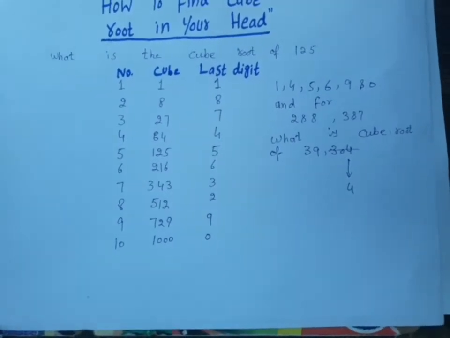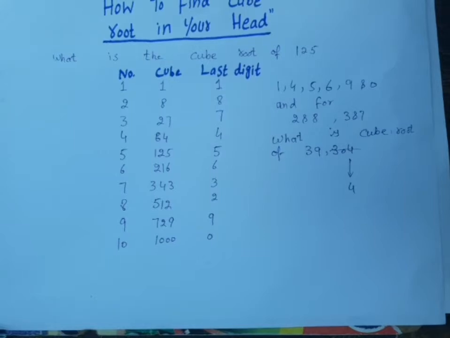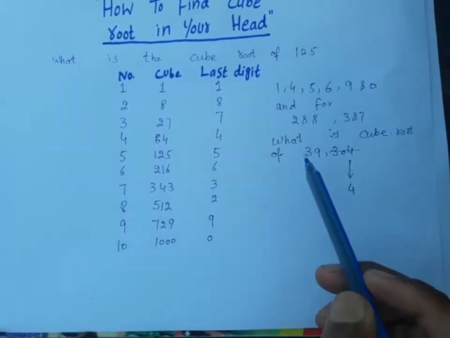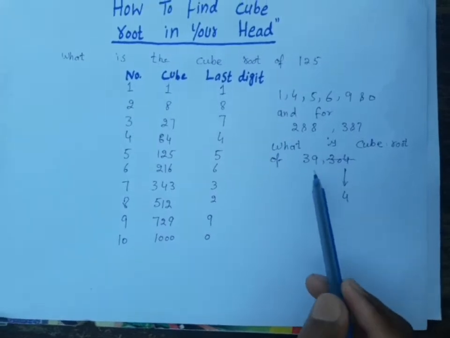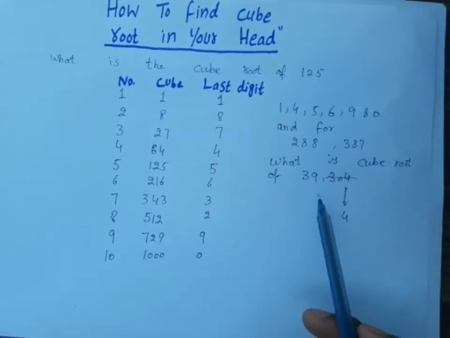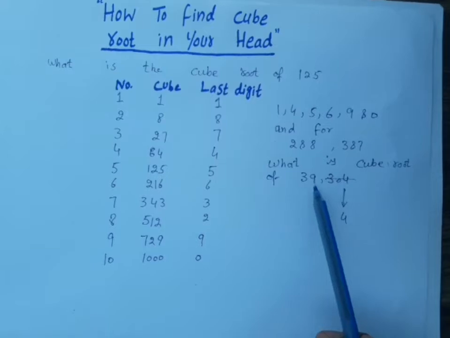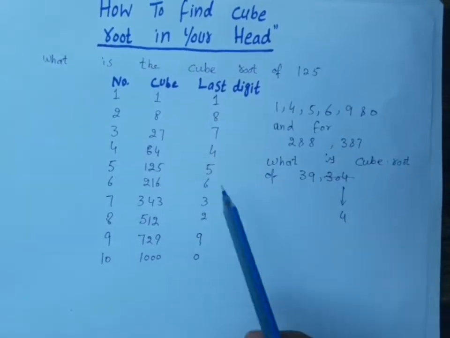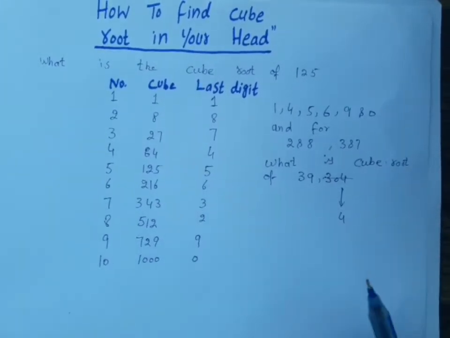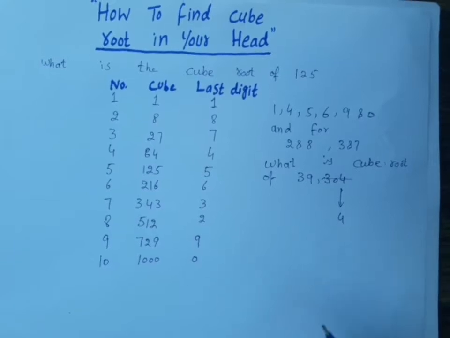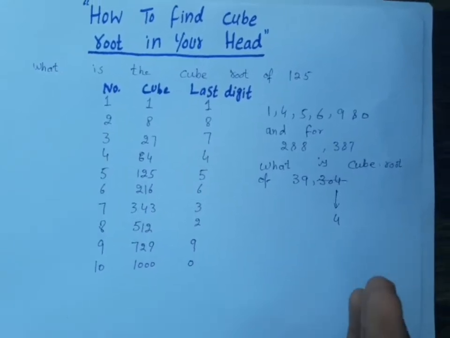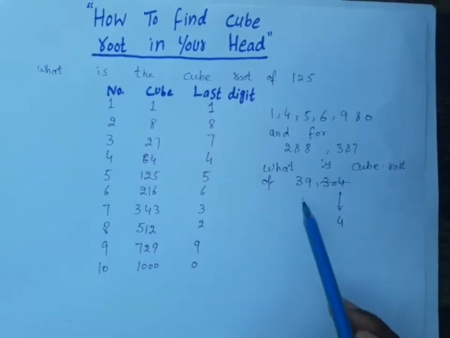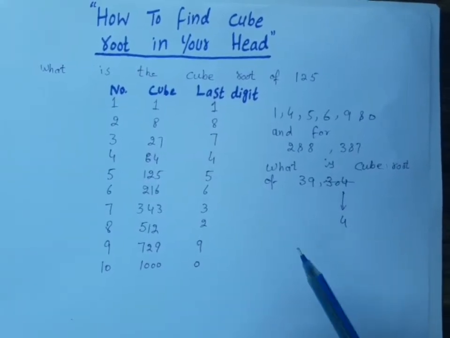Now we note the closest cube to this number. 39 is between 27 and 64, but we only note the number which is closest to 39 without going over.